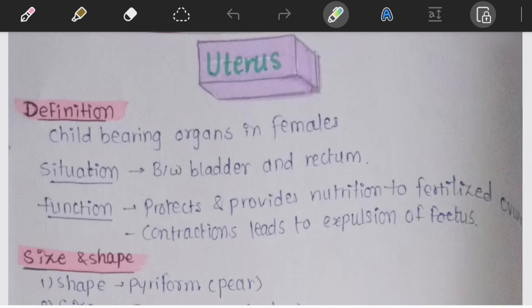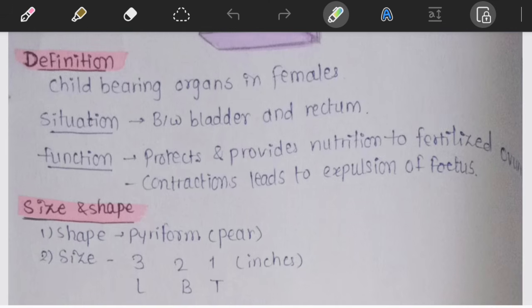Now, where exactly is it? It lies in the pelvis between two very important organs: anteriorly the urinary bladder, and posteriorly the rectum. So whenever you imagine the uterus, put it between the bladder and rectum. That single relationship will help you remember. Now let's talk about the normal, non-pregnant uterus.